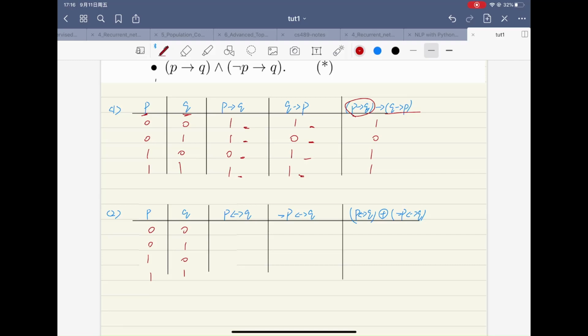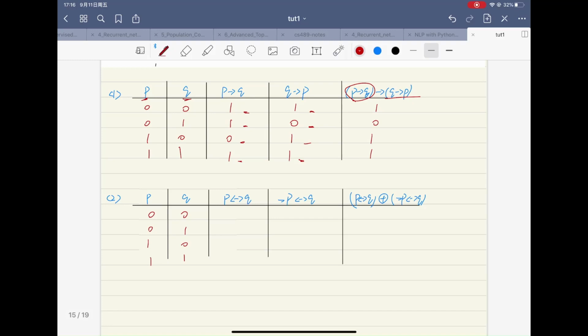If and only if: if both sides are the same, then the final statement will be true, which means if P and Q both are 0 or both are 1, then P if and only if Q will be true.